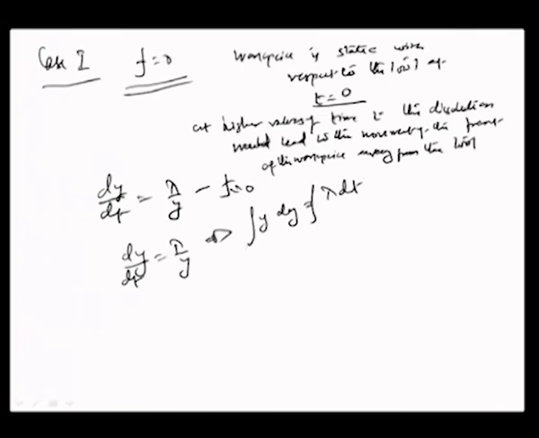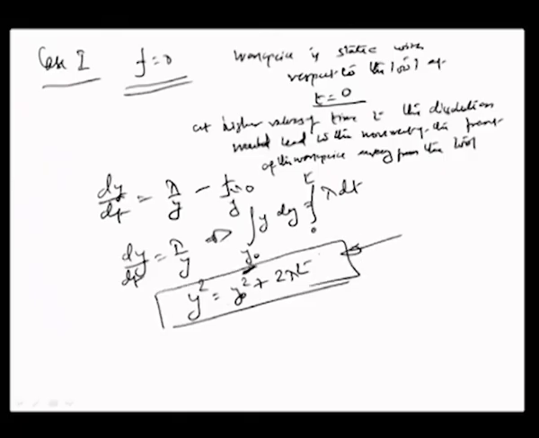Assuming that the gap was y0 to begin with, and it goes to some value y, corresponding to time instances 0 to some value t, y square becomes equal to y0 square plus twice lambda t. So that is how this particular equation would be, and if you plot the value of y with respect to t, it would typically look something like this here.